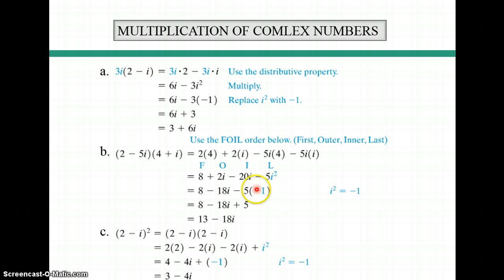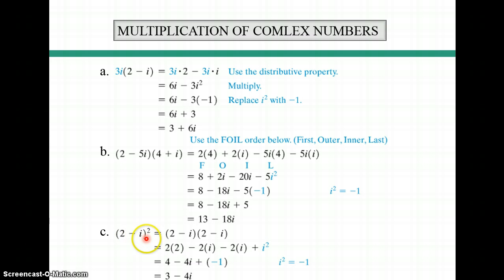So we have minus 5 times minus 1, minus times minus is plus 5. Now adding the real parts 8 and 5, we have 13 minus 18i. Let us see some other example.